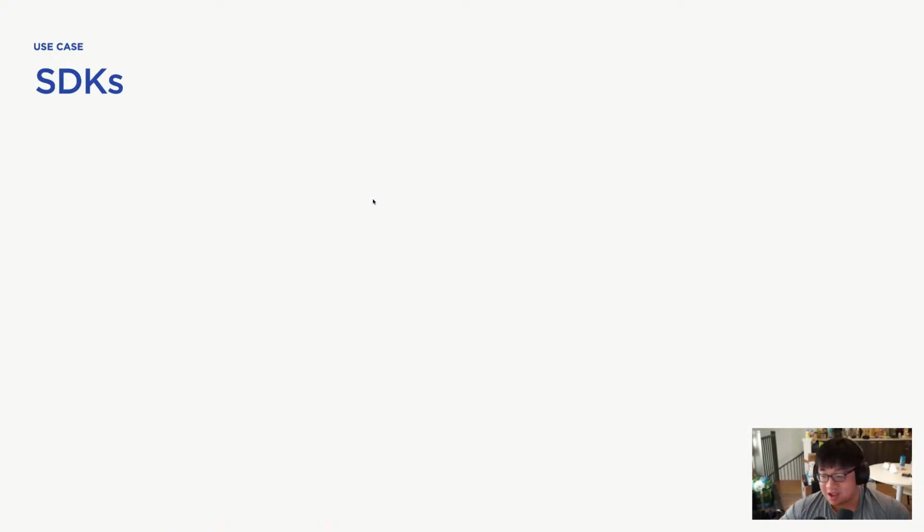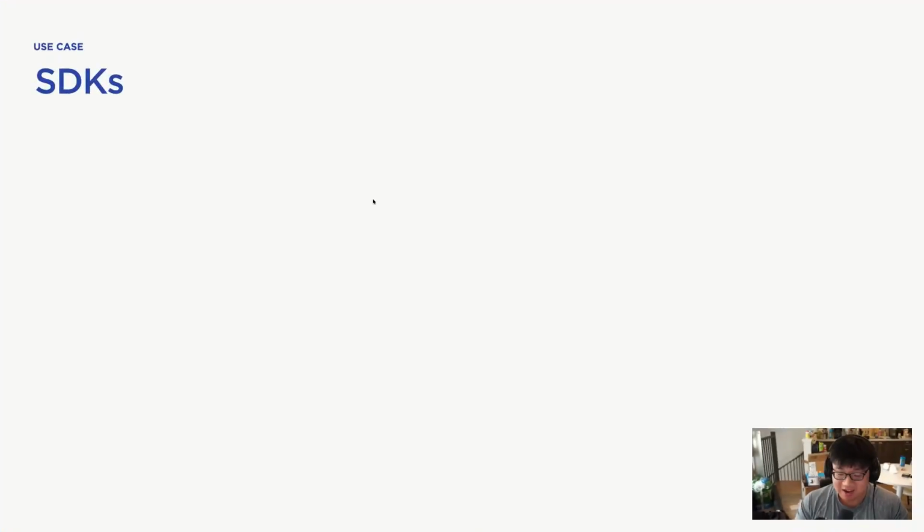Second, we have tools. We are generating tools that allow you to build SDKs. So what is an SDK for in terms of a smart contract, and why is it important?